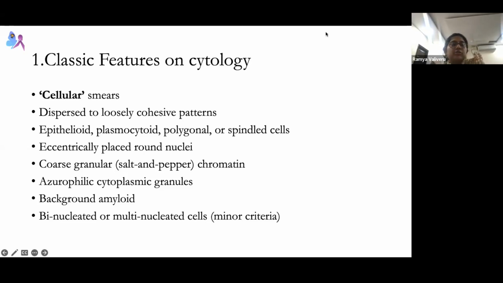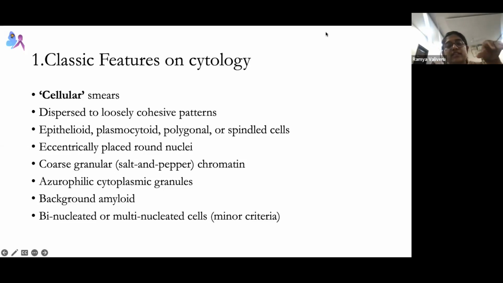So when it comes to MTC, what we usually see are the epithelioid plasmacytoid cells. They are cellular smears. Whereas in PTC or follicular neoplasms, it could be cellular also, but the colloid is going to be scanty.